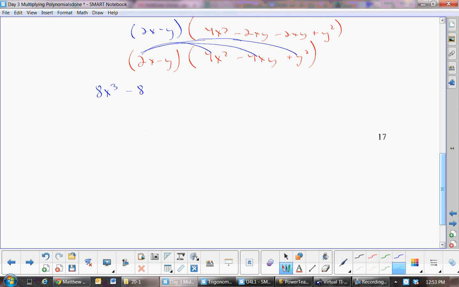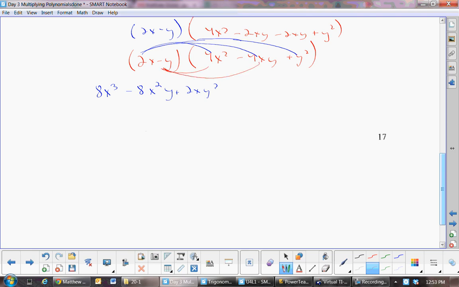Negative 8x squared y. Okay, and then 2x times y squared. 2xy squared. Okay, now what are we going to take and multiply to all of these?